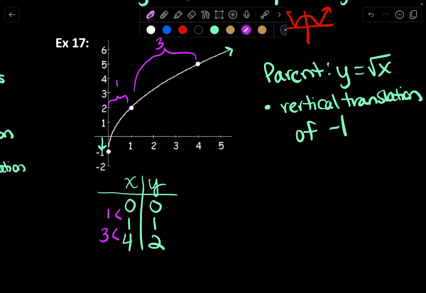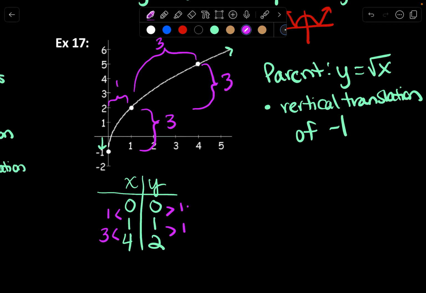But now let's look at the vertical. Distance of 1, distance of 1. If I look at this, looking at it vertically, I don't have a distance of 1 anymore. It's a distance of 3 because I'm going up 1, 2, 3 from the starting point. And then also, if I look here, from 2 to 5, that's another distance of 3.